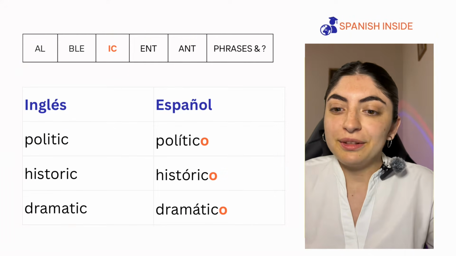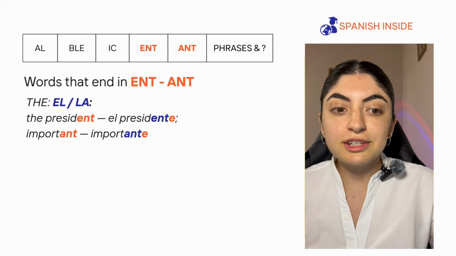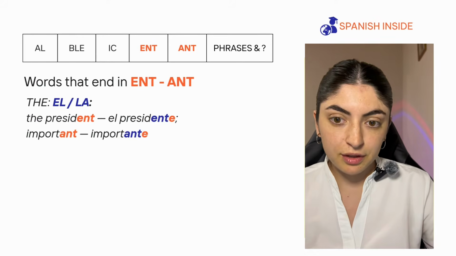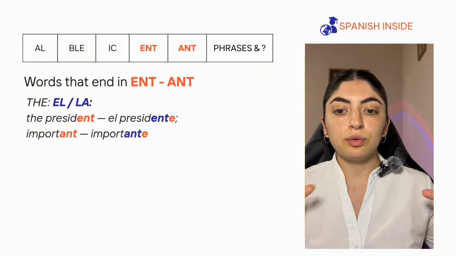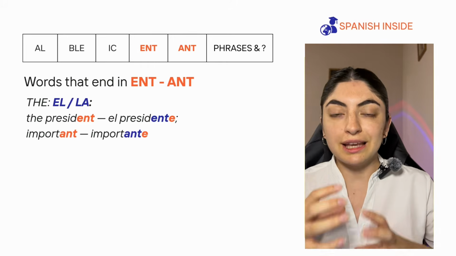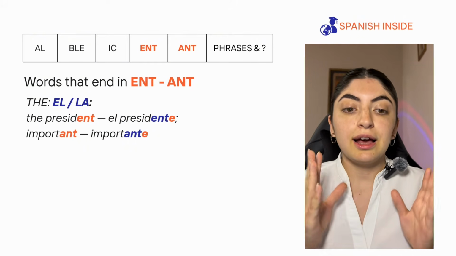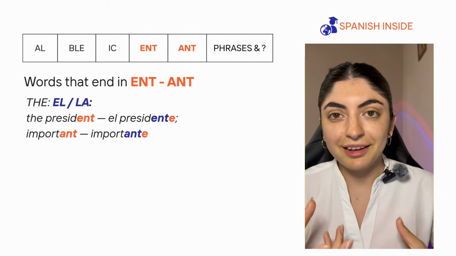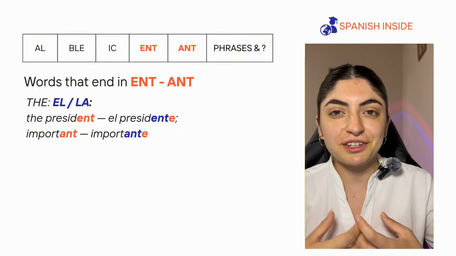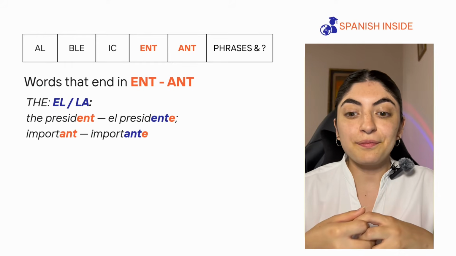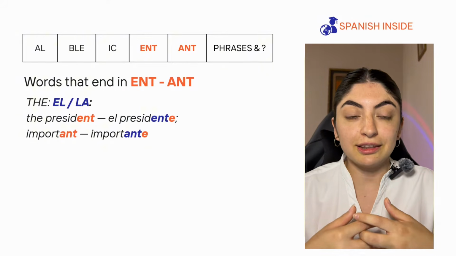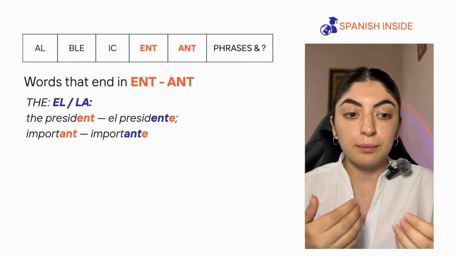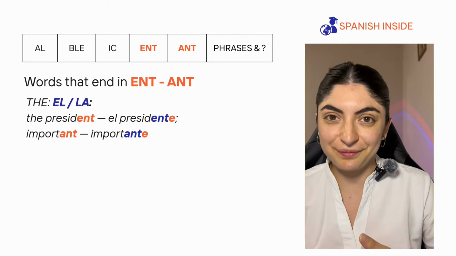Now let's move on here. Words that end in ent and ant. I'll show you these two together because they follow the same rule, that is adding an e. In English an i, and in Spanish an e, and pronounce it like this: the president, el presidente, important, importante.